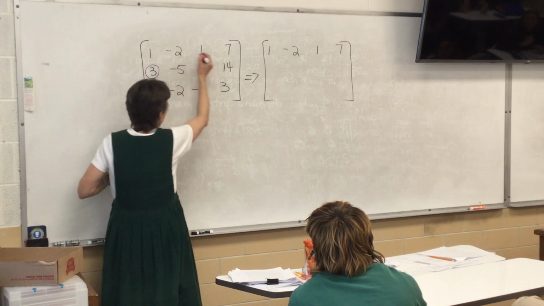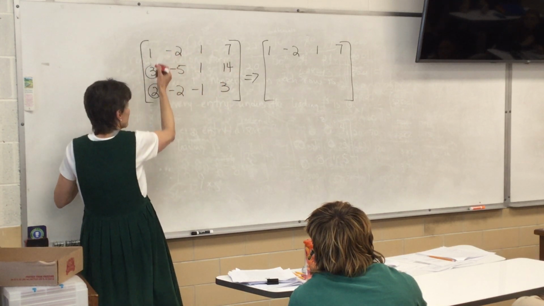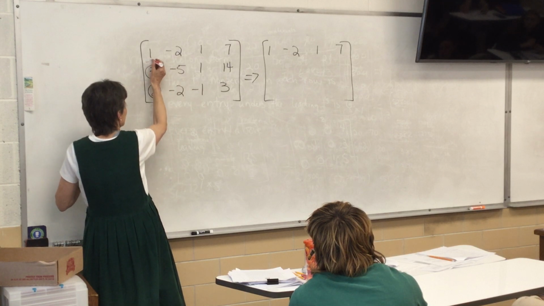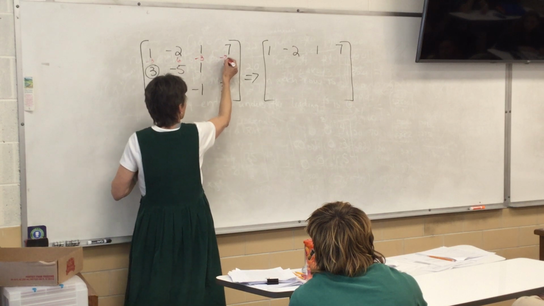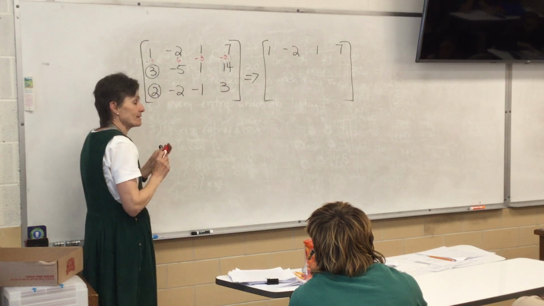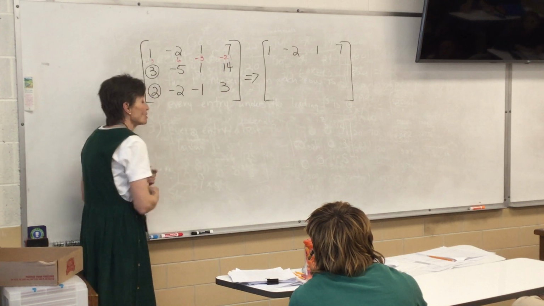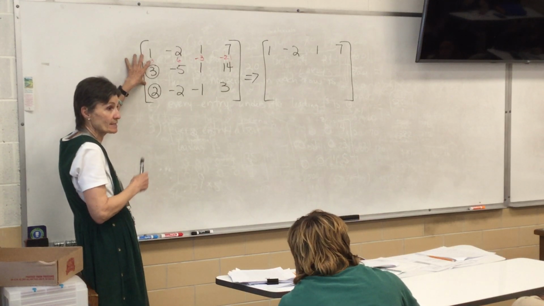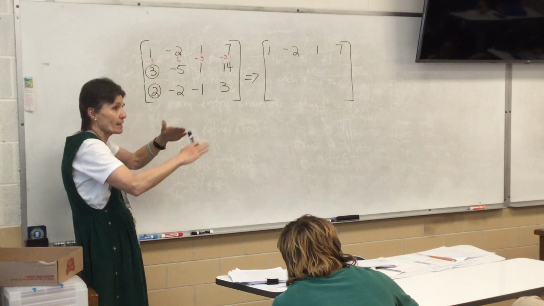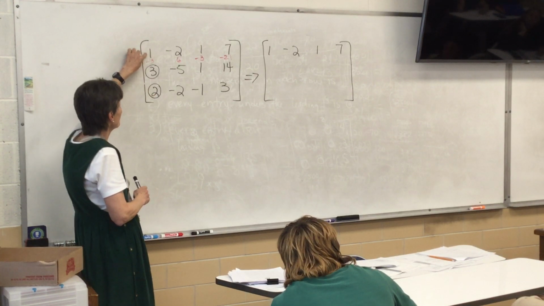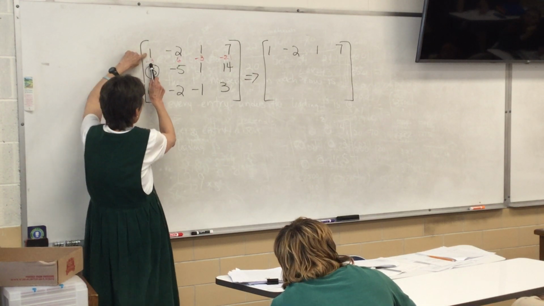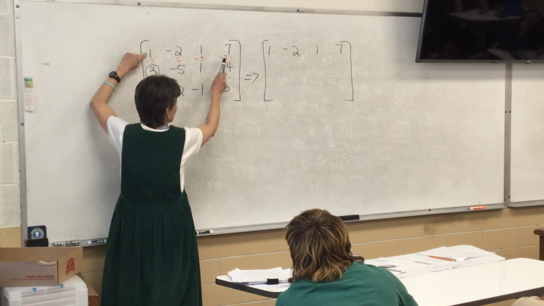I'm going to take that top row and I'm going to multiply it by -3. I don't like to keep building new matrices, so I just do the work right here inside, but you'll develop a style that works for you. I'm multiplying my top row by -3, and it gave me these numbers.